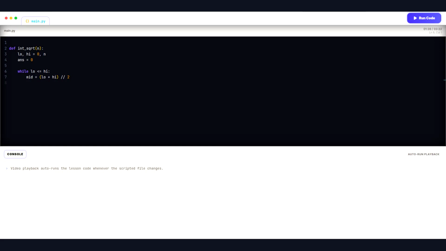If the middle squared still fits within n, it is a candidate, so save it and try for something larger. Otherwise, the guess overshot, so pull high down, and at the end, return the best answer.